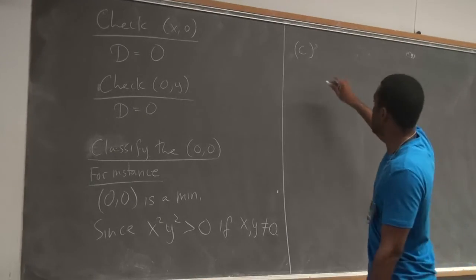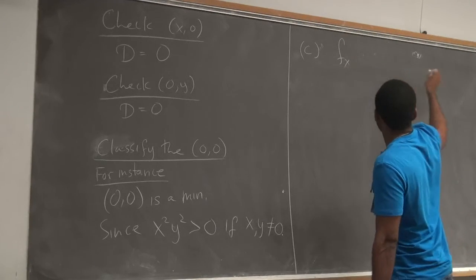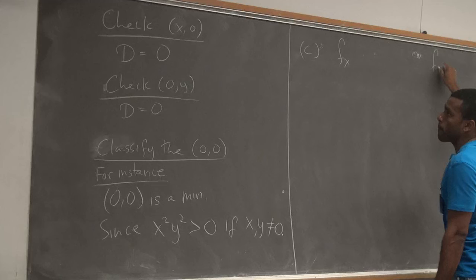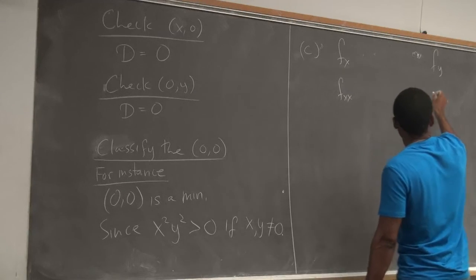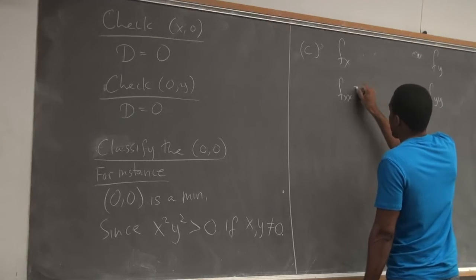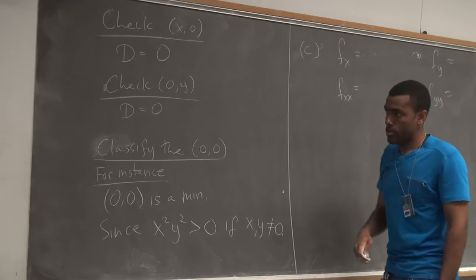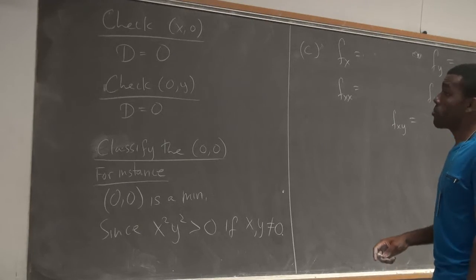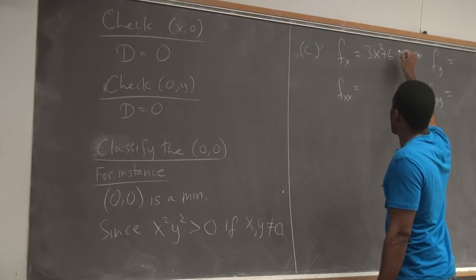Okay, so we're actually doing C. That's f of xy equals x cubed. I didn't know if you wanted to rewrite it. So that's 3x squared plus 6xy.